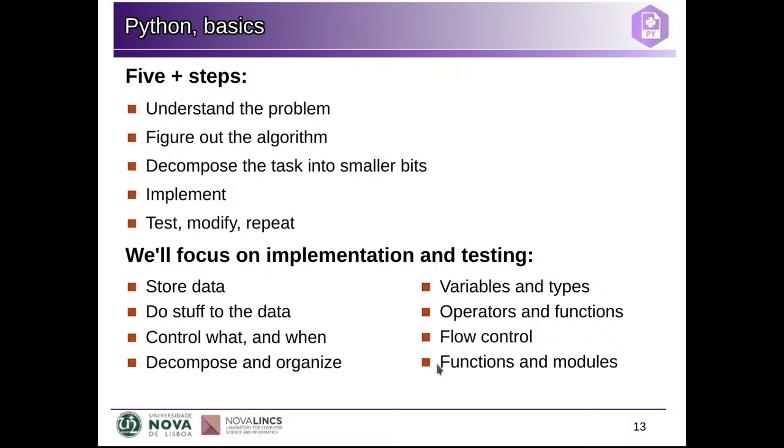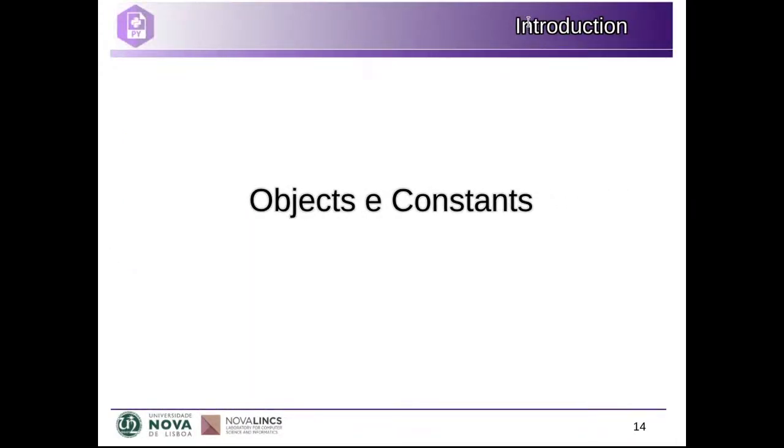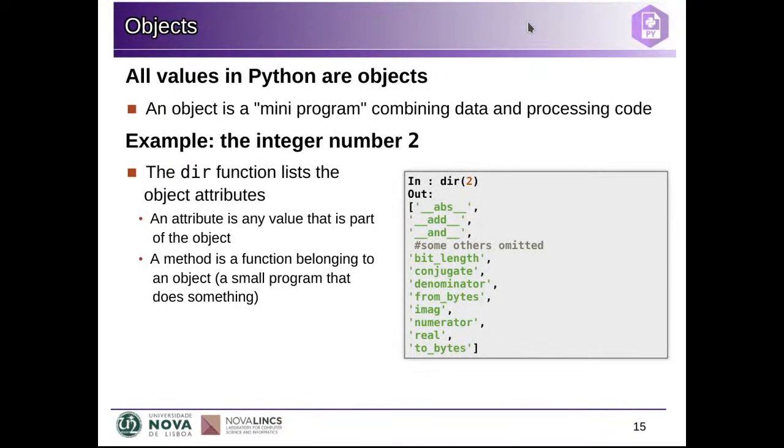And then we're going also to look at functions and modules, how we can break down a complex program into simpler bits that then we fit together to do what we want done. Okay, so let's start with the very basic elements in Python, which are objects. So an object, you can think of an object as a tiny program that can work with some values.